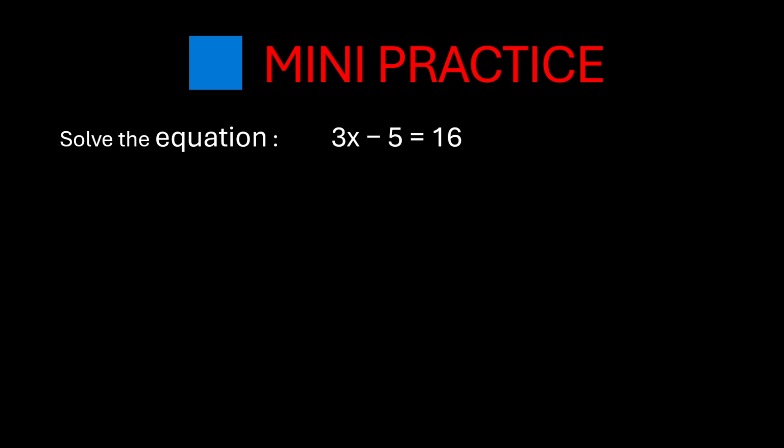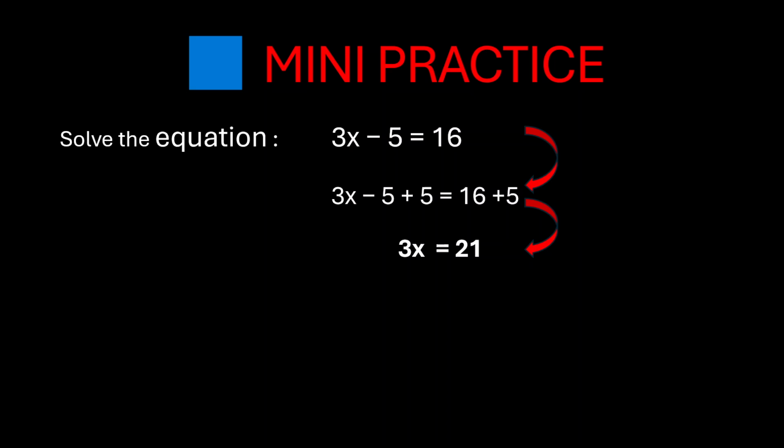Okay, let's solve this equation. First, remove minus 5, which means add the opposite, plus 5. So 3x minus 5 plus 5 equals 16 plus 5. So the first side is 3x, the second side is 21. Good.